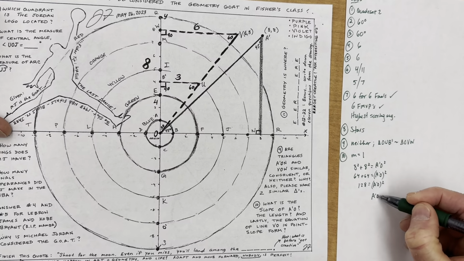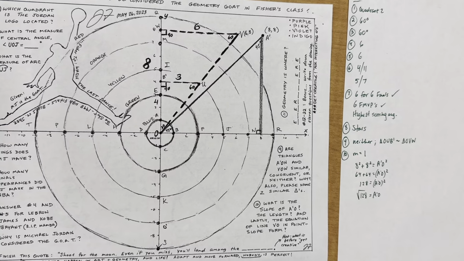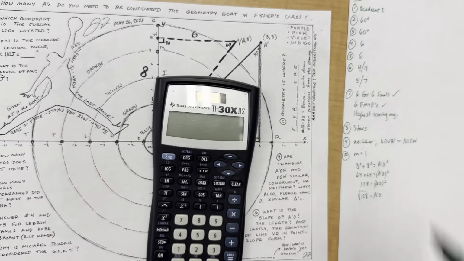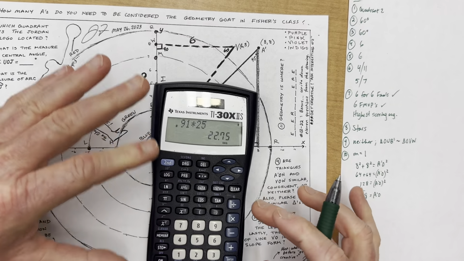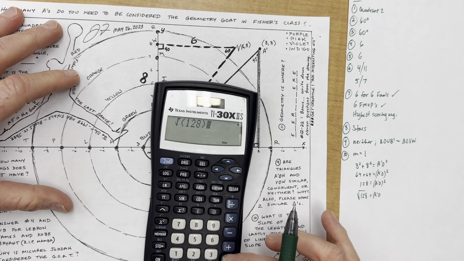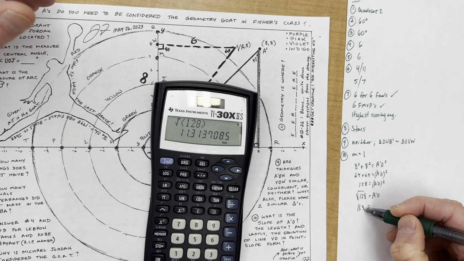So A prime O equals the square root of 128, which equals 11.3.